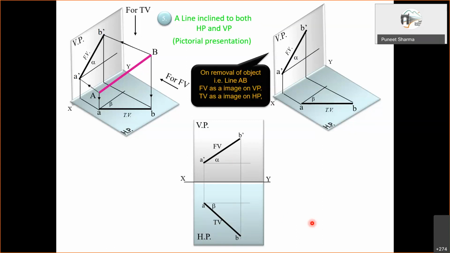So here those have not been used, because these are not the true inclinations of the line. We are supposed to have two true inclinations: one is the inclination of the line with the horizontal plane, one with the vertical plane. Neither of these is giving the true inclination.